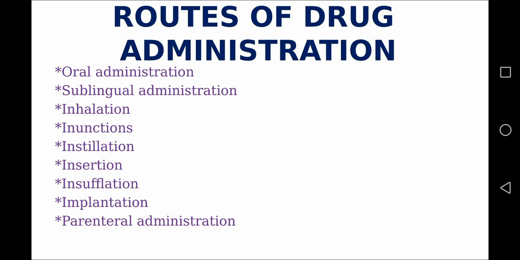Let's see the routes of drug administration. First one, oral administration. Here the drug is administered orally. Next is sublingual administration. Here the drug is placed under the tongue where it dissolves and gets absorbed.